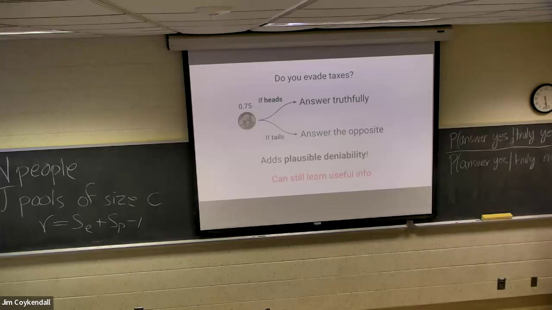But we would have bound this quantity, and also we can replace this with yes by e to the epsilon. Okay, so whether the person answers yes, we know the person has answered yes.